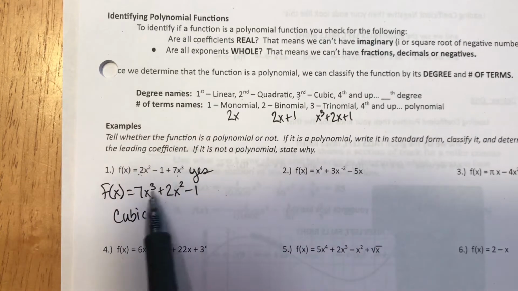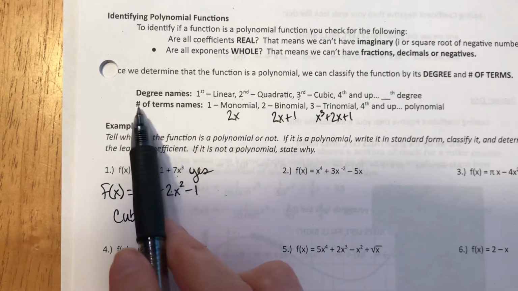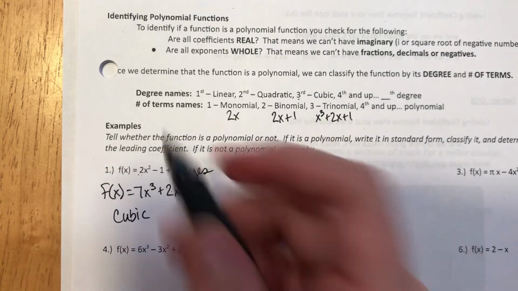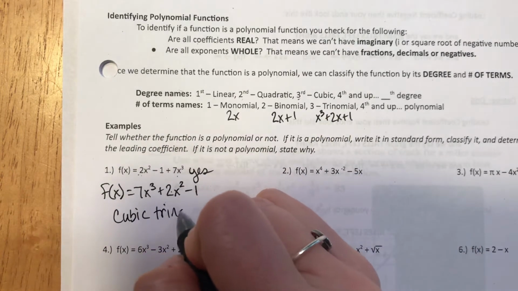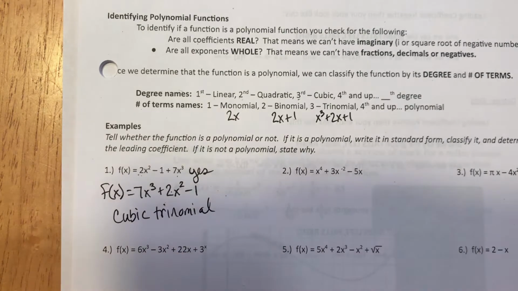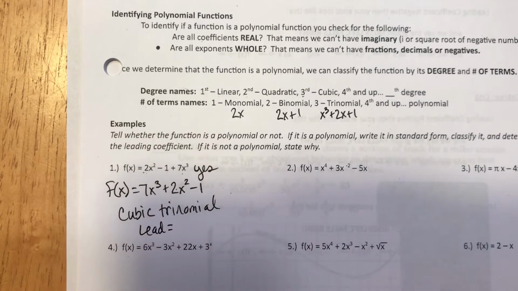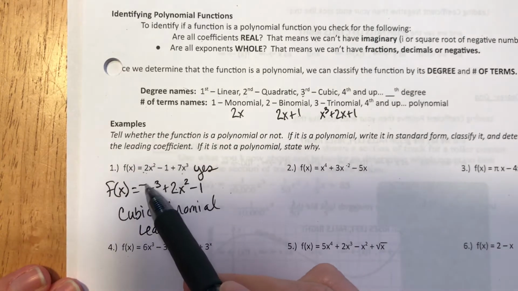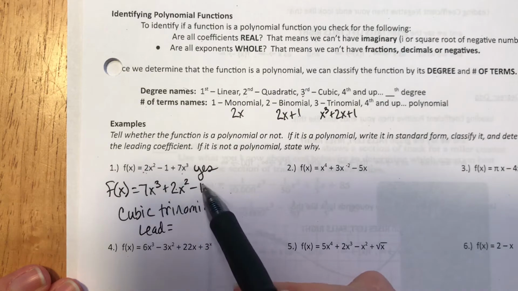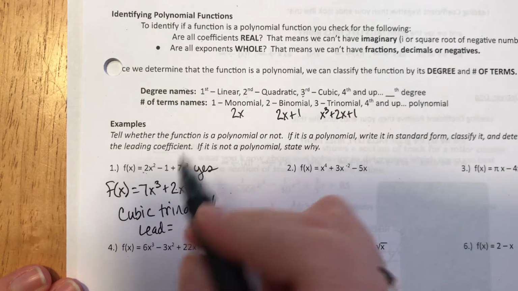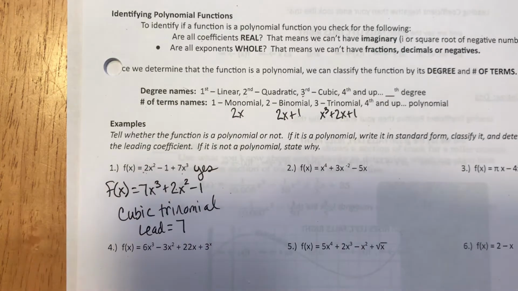And we have 1, 2, 3 terms. So the number of terms, 3 terms, is called a trinomial. All right, and then the leading coefficient is the coefficient on the highest exponent, which is 7. Remember, you have to put it in standard form before you can do that. So it's a 7.